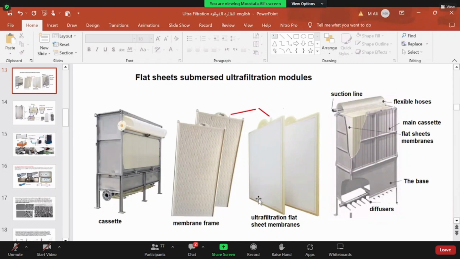This membrane is a flat sheet membrane element, ultrafiltration flat sheet membranes, arranged in one cassette. We call this construction a cassette, and the suction side is connected to the main header or the main pipe by a set of flexible, transparent hoses, as we see, connecting the nozzle of the membrane and the main header.